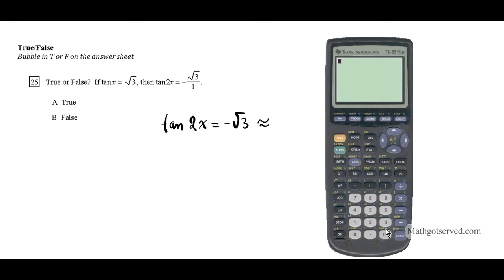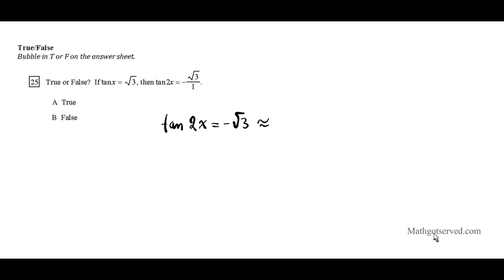Negative root 3 is approximately negative 1.7321.